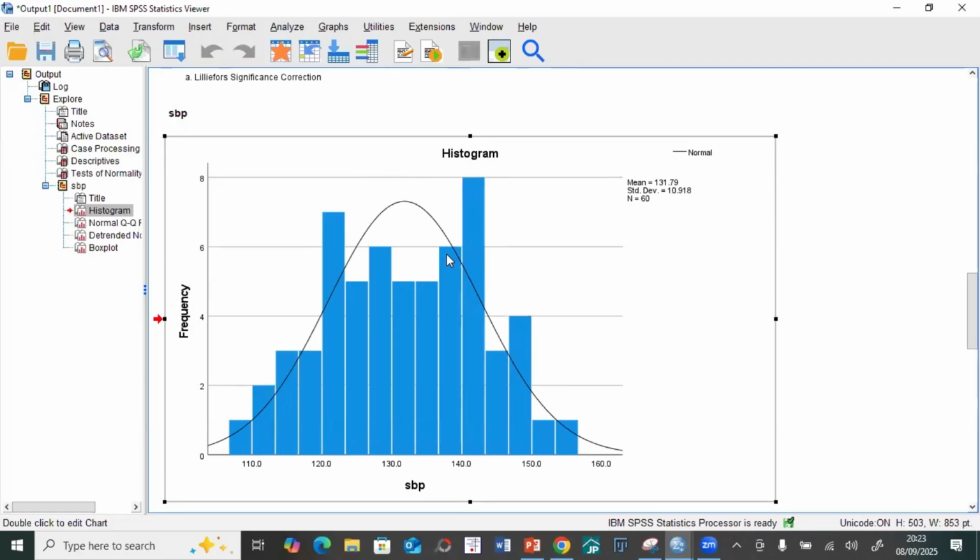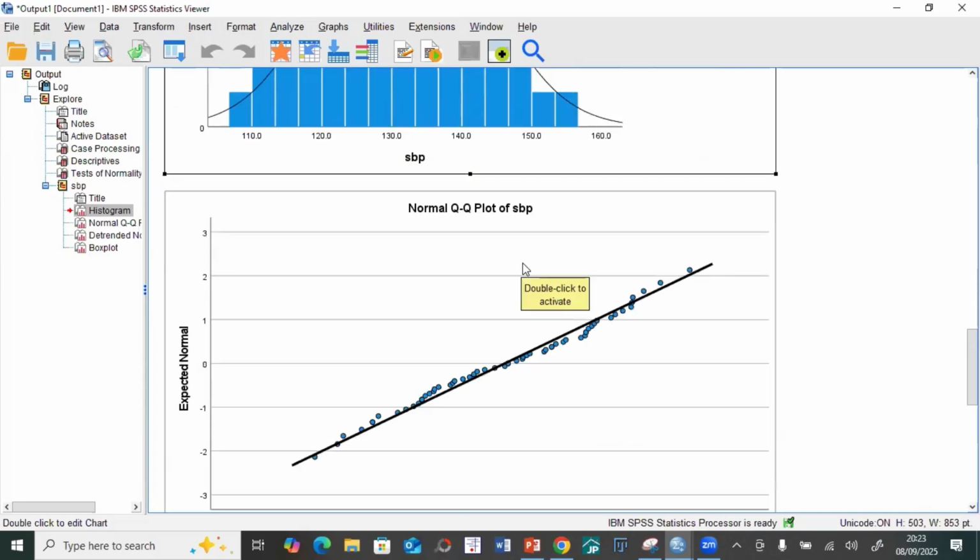But we agreed that graphical methods can sometimes be a bit subjective. Someone else can look at this and say, on this side it has gone a bit higher than this, so could it be normally distributed or not?